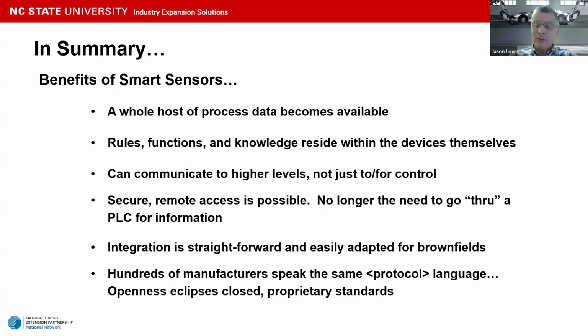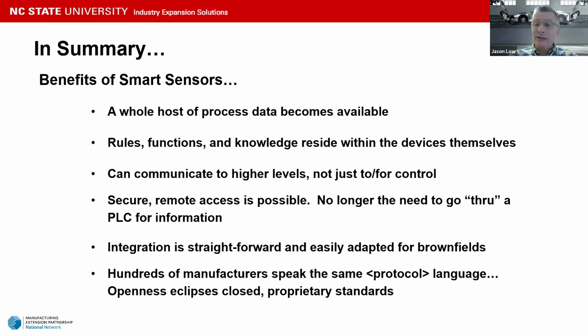Maybe it's because we want to look at the health of the system, the health of the sensor. It might be able to even do some of its own data analytics. It might be able to determine how many products in a period of time it actually saw. So rules and functions and knowledge reside within the devices themselves.